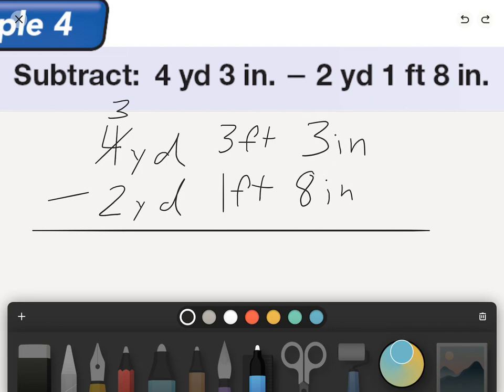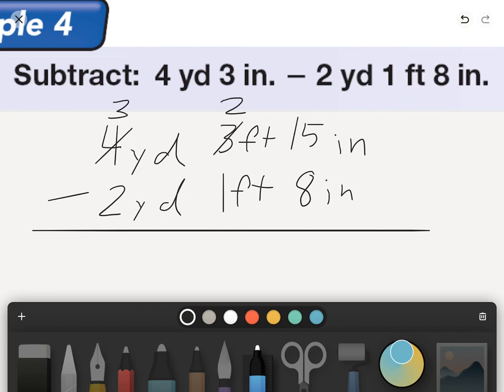But now of course I'm changing my units again. So I'm going to change that to 2 feet. But now I'm working in units of what? If I'm converting from feet to inches, working with units of 12. So I am going to add 12 inches to this column to give me 15 inches. And hey, now I've got a problem I can work with.